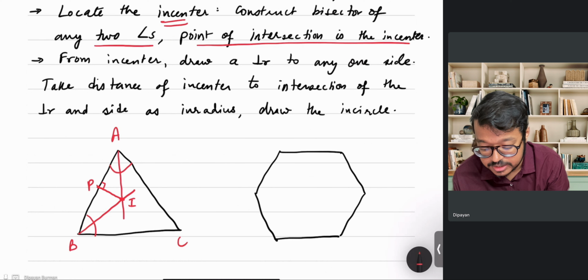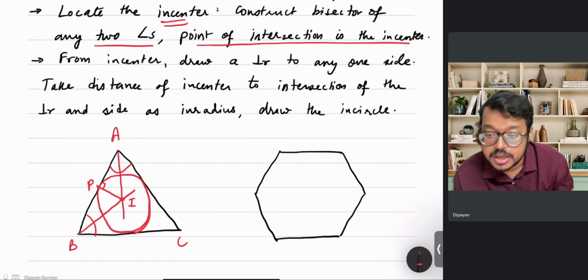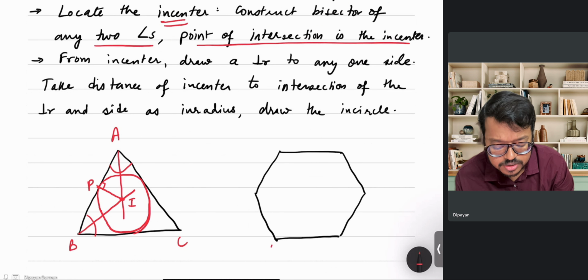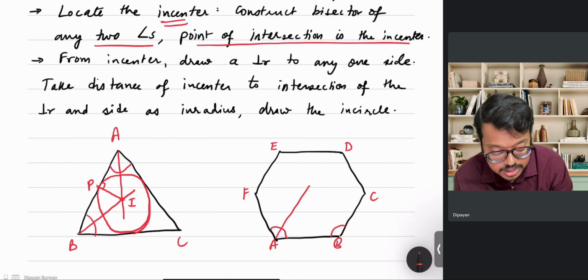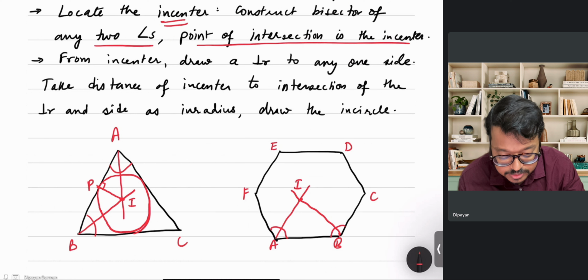So looking at that in radius, if you draw the circle, it will be something like this. You will get the incircle. Same way for a regular hexagon, you draw the bisector of any two angles, let's say angle A and angle B, and they intersect at this point, so label it as point I. Then again draw a perpendicular to any one side of the regular hexagon.